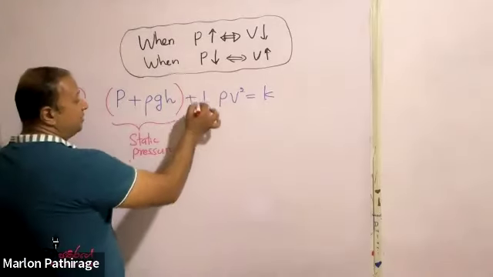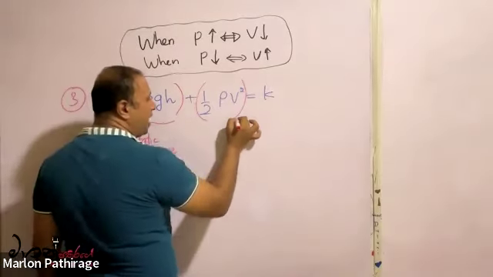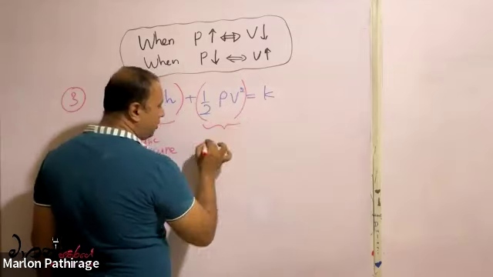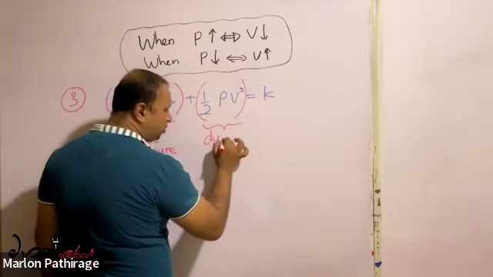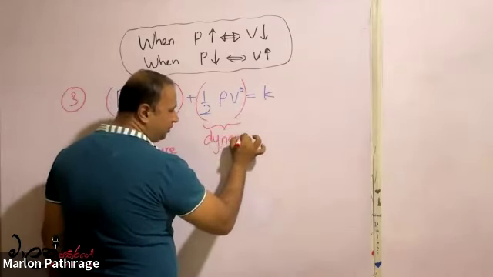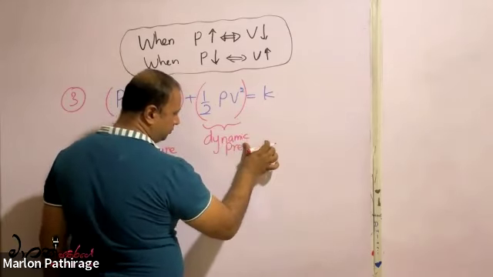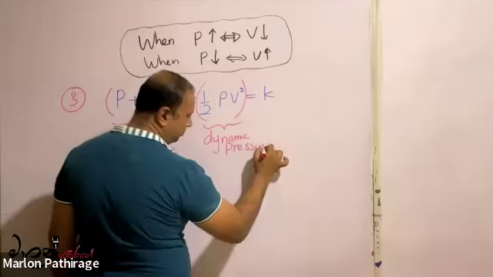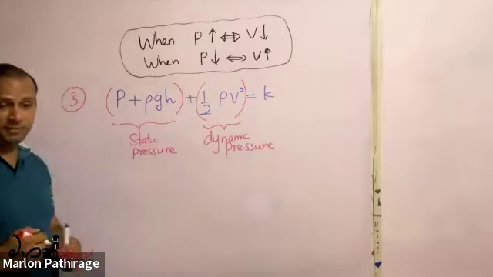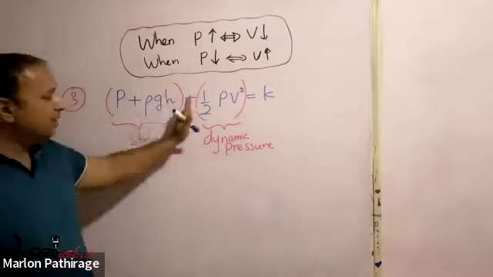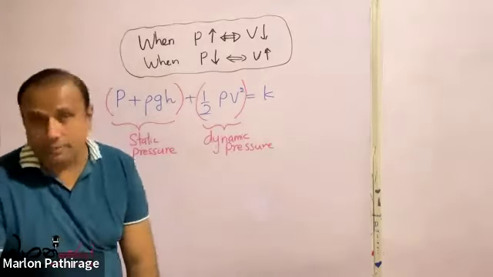And this part, half rho v square, is called the dynamic pressure. This part is the static pressure, and this one is the dynamic pressure.